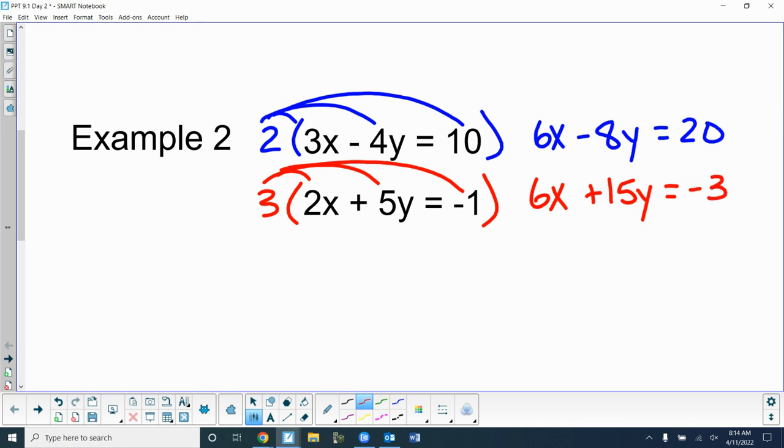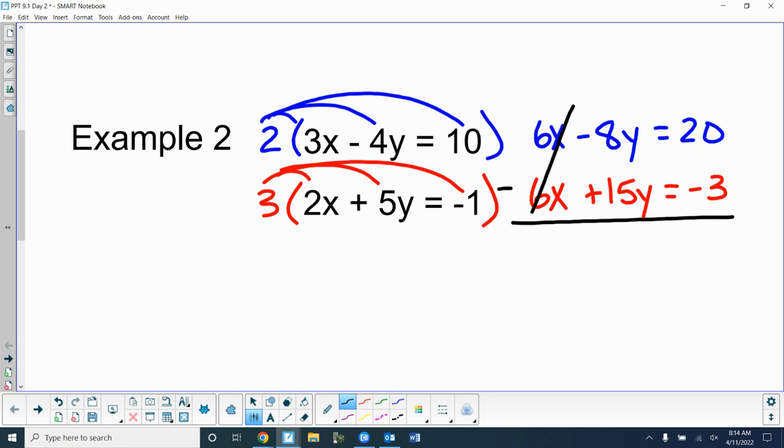Now, in order for these to be eliminated, those 6 x's, do I add them together or subtract them? Subtract them. This time when the signs are the same, both are positive 6's, you subtract. We're looking at the signs of the 6's, the x's, not the signs of the y's. So we're going to subtract.